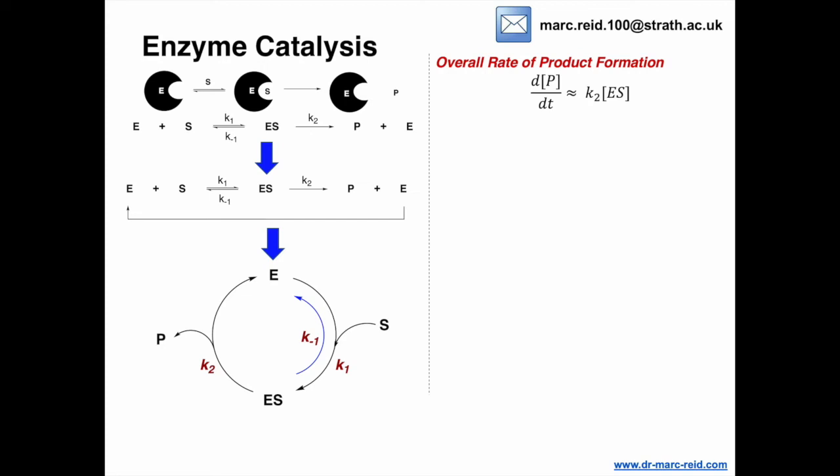Firstly, we assume that step 2 in the catalytic cycle is turnover limiting, such that the rate of formation of product is approximately equal to k2 times the concentration of substrate bound enzyme, ES.